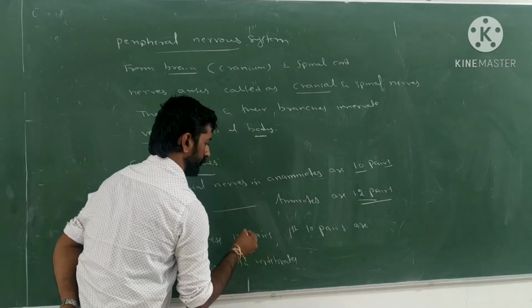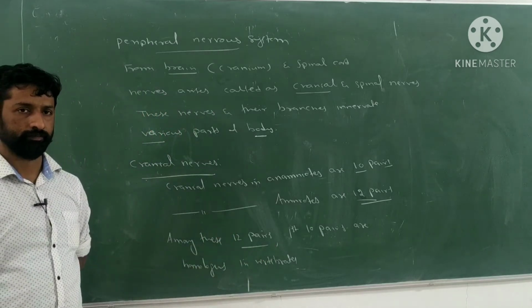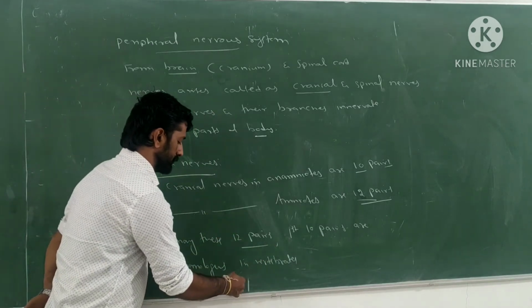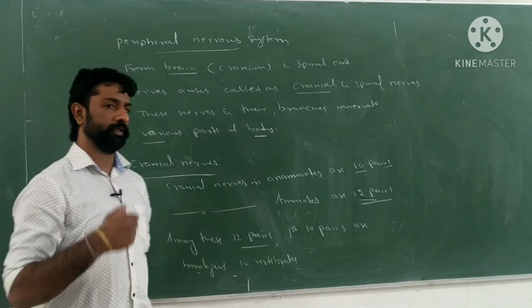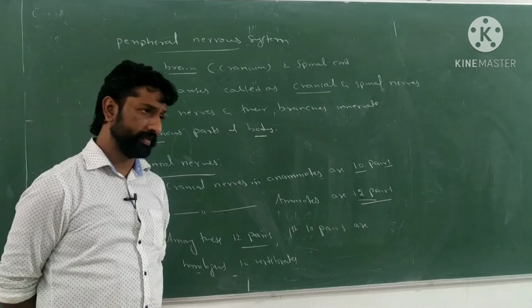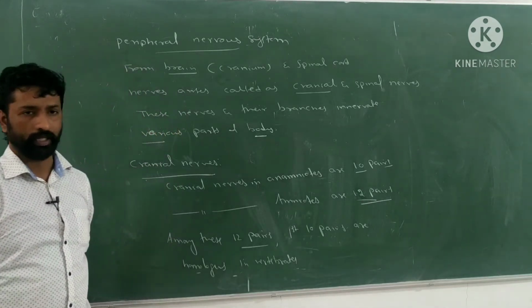So let's discuss their origin, where they are distributed, what their nature is, what their function is, and what the names of these 12 cranial nerves are.